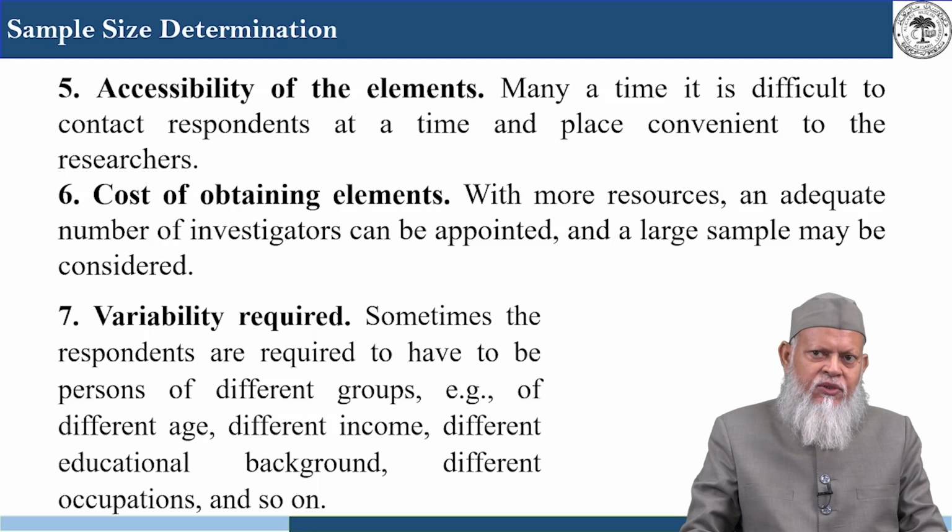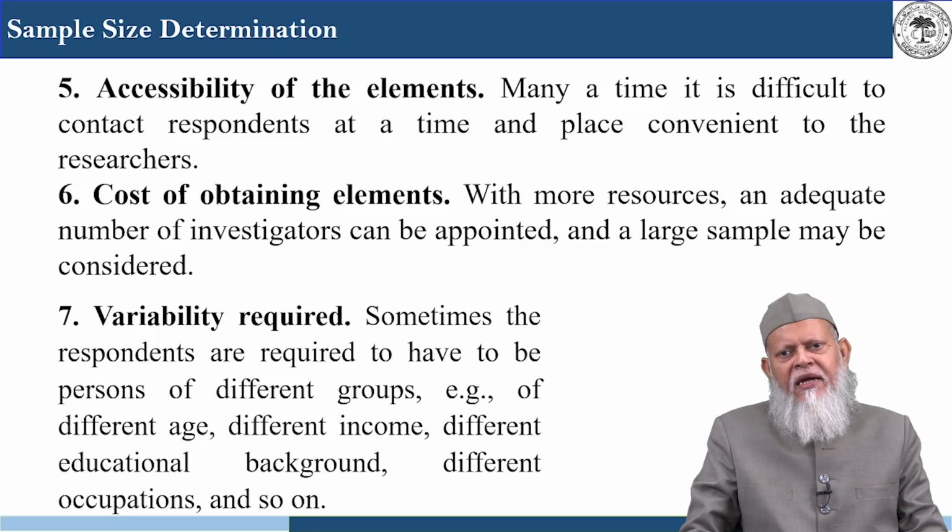But the research has to be done. The problem has to be researched upon. So the size of the sample again depends upon the accessibility to the members, to the elements, to the items of the population.